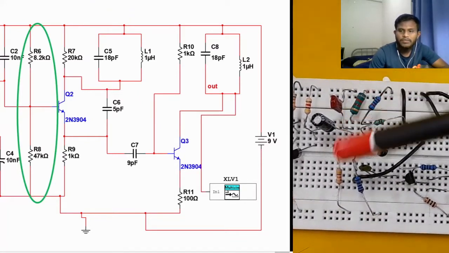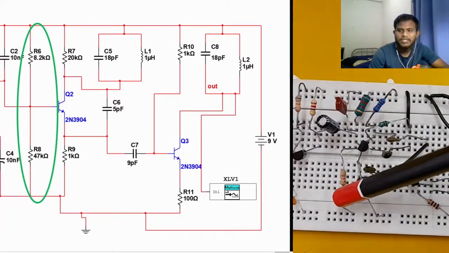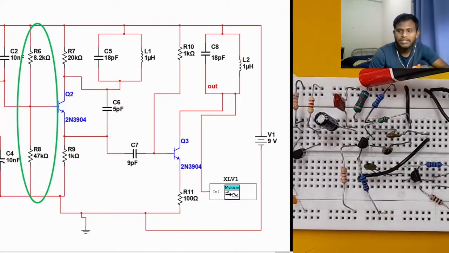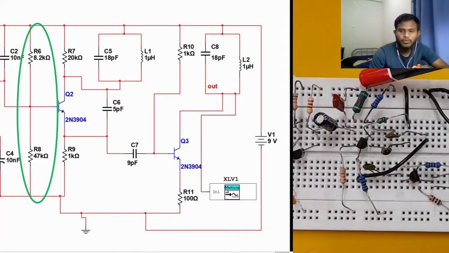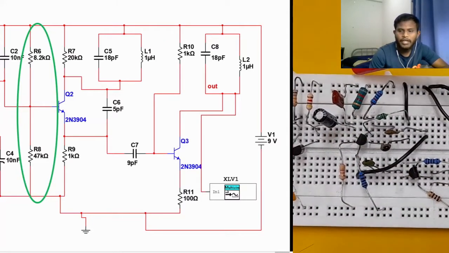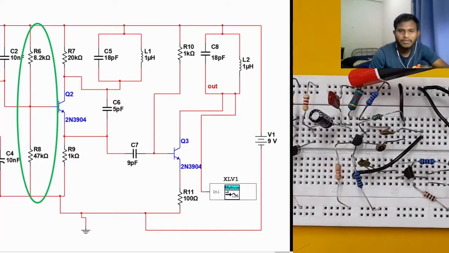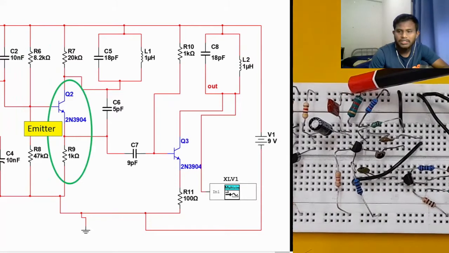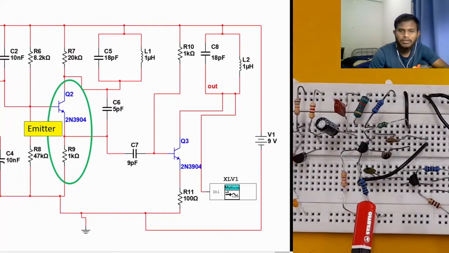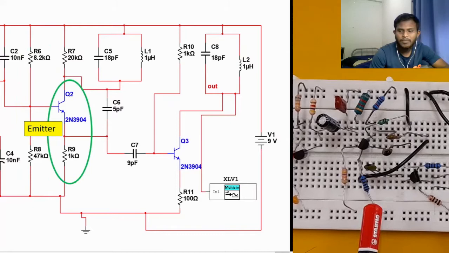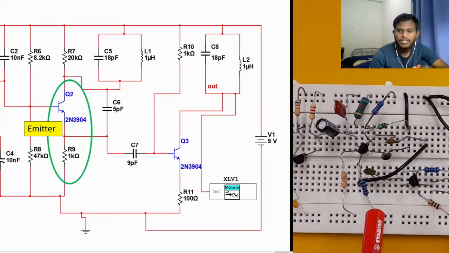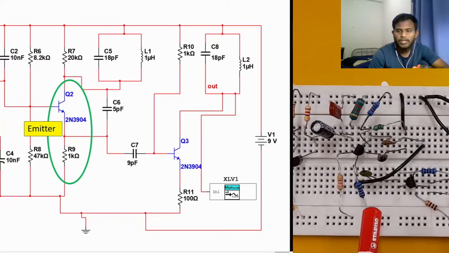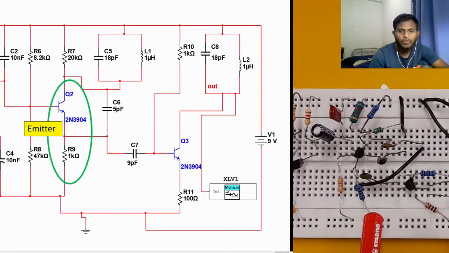Using the same method of calculation of bias resistors as in the pre-amplifier design, we select the values of bias resistors R6 and R8 to be 8 kilo ohm and 4.7 kilo ohm respectively. And now the selection of emitter resistor R9. Using the same calculation as for the amplifier circuit, we get the value of emitter resistor to be around 1 kilo ohm, and this is the 1 kilo ohm resistor.